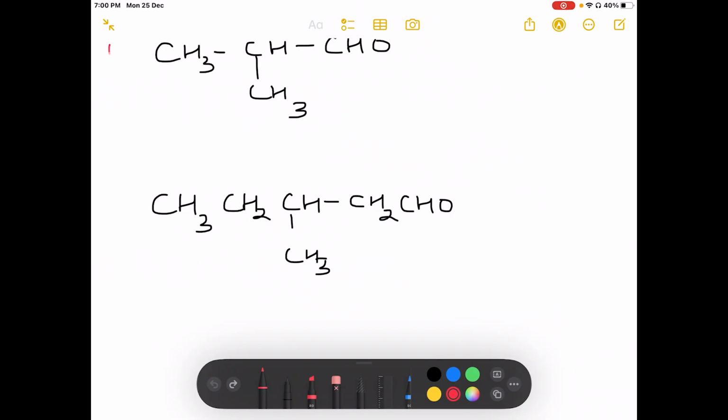So whatever the chain length may be, we simply focus on alpha carbon only for aldol condensation reaction. So let's take the next example. CHO, functional part, alpha carbon, and the hydrogen belonging to this carbon, that is an alpha hydrogen.